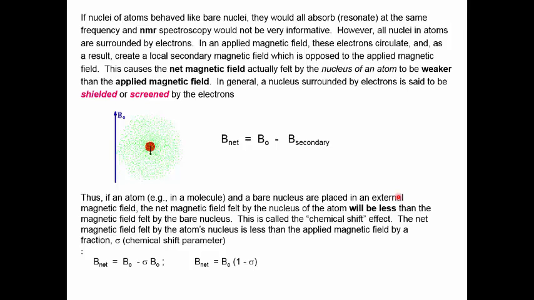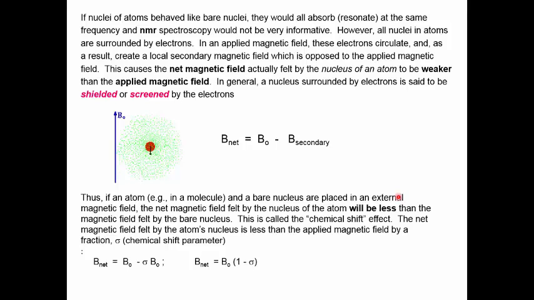Now, there's a fundamental tenet of physics: when a charged particle moves, it produces a magnetic field. The circulating electrons, moving as they do, will produce a secondary magnetic field. This secondary field will always be oriented so that it is opposed to the direction of the applied magnetic field.